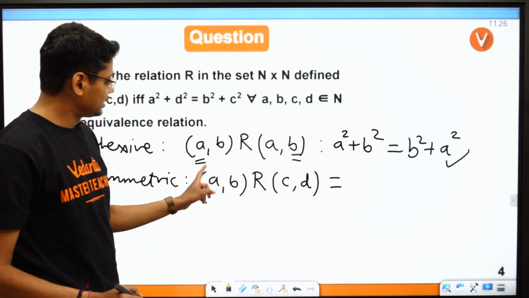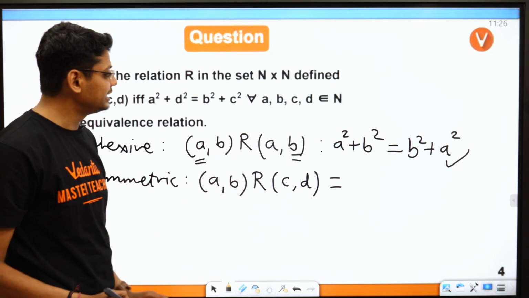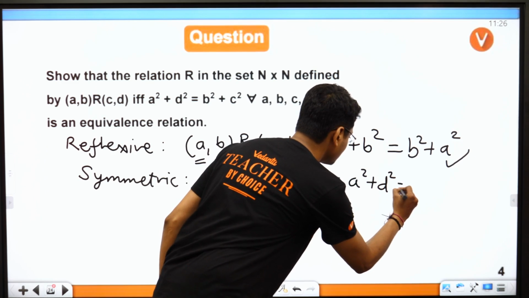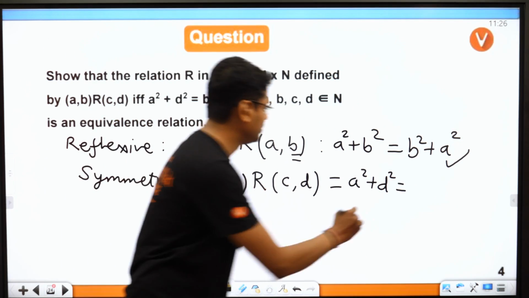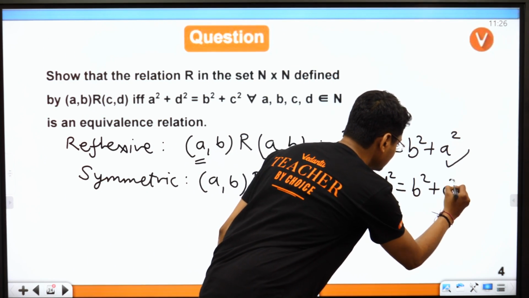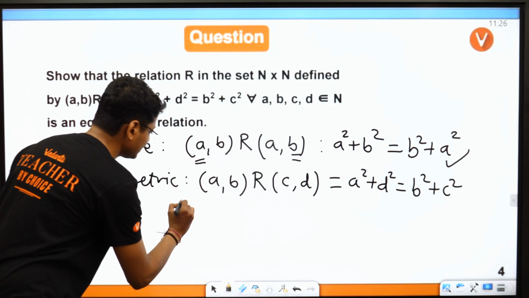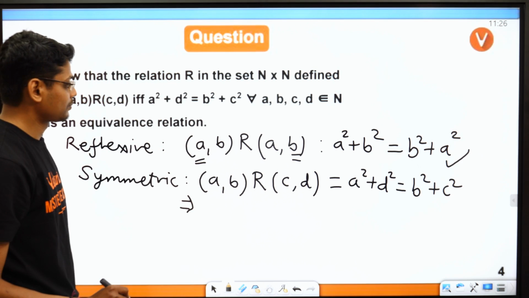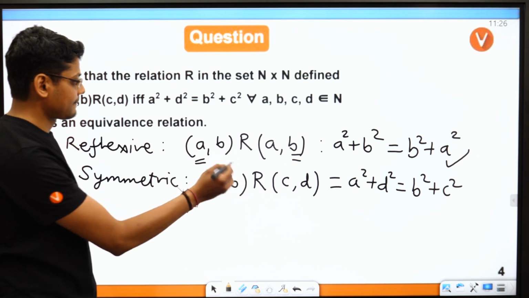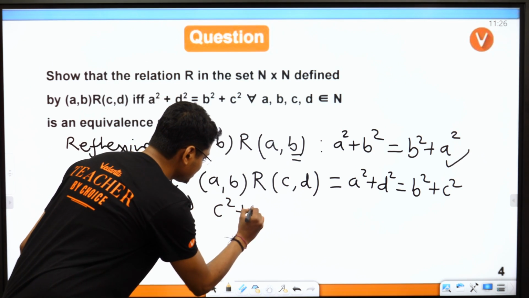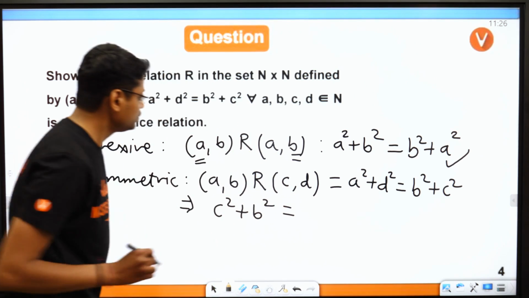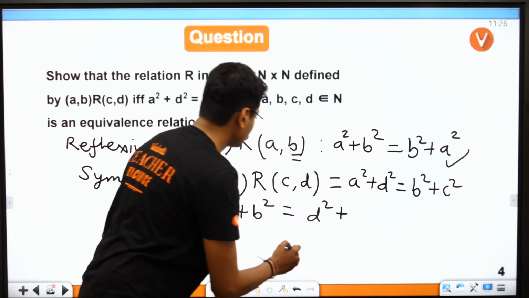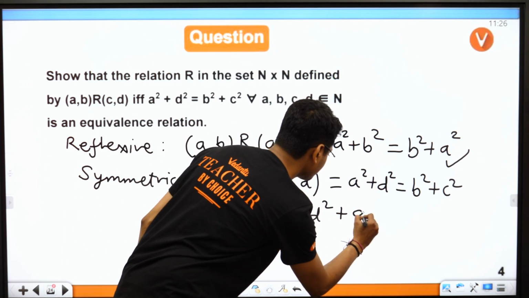So (a, b) related to (c, d) is a² + d² equal to b² + c², and I can write this as c² + b² equal to d² + a².